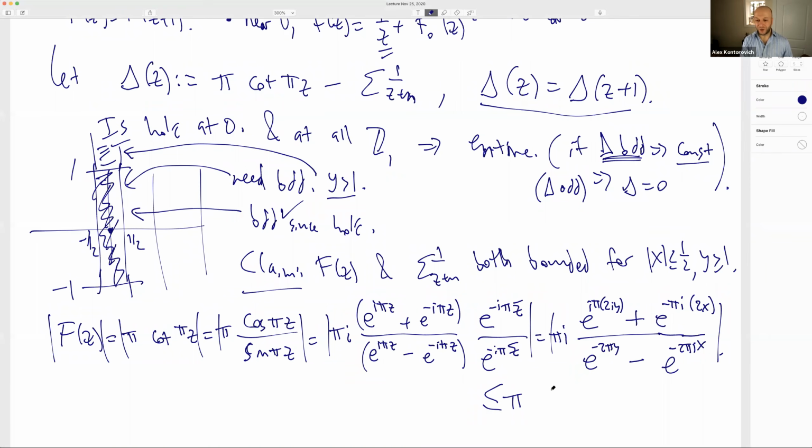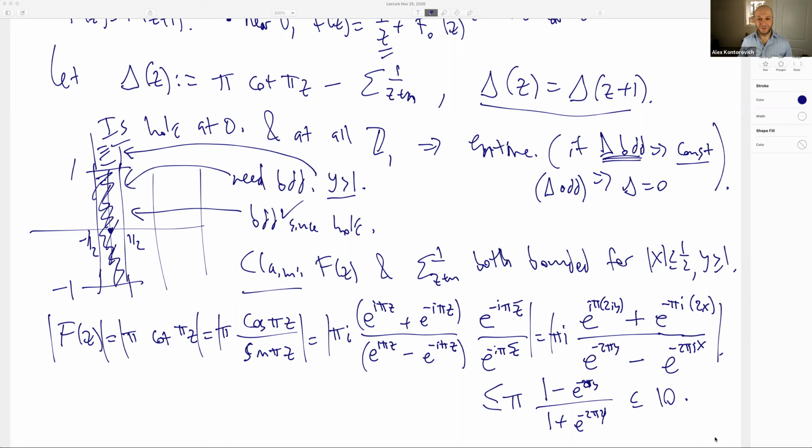So this has absolute value 1, and then minus e to the minus 2 pi y. And the biggest the denominator can get is 1 plus e to the minus 2 pi y. But y is at least 1, so this is at most, I don't know, 10. It's just flat out bounded. And 10 is way overkill, it's much smaller than that.